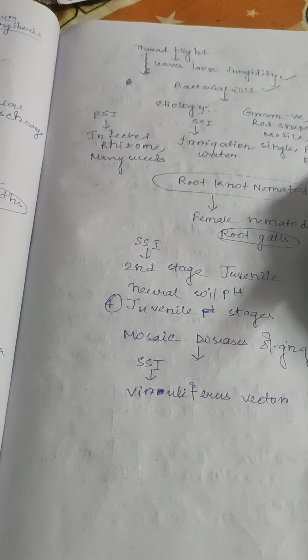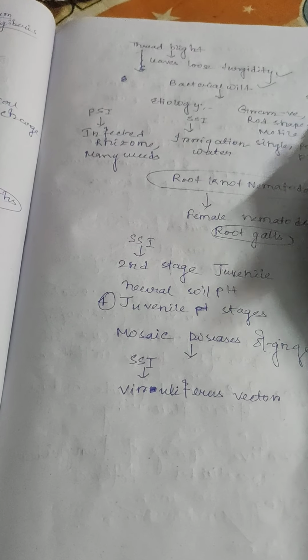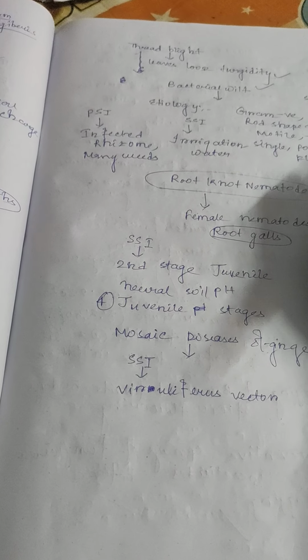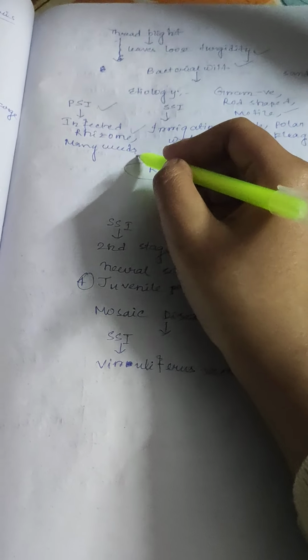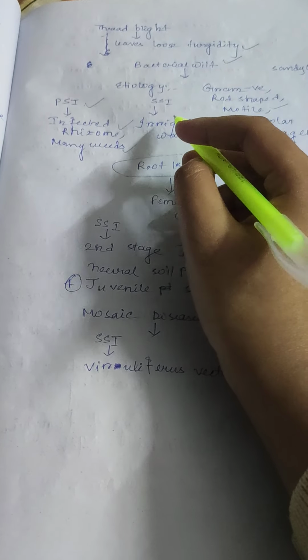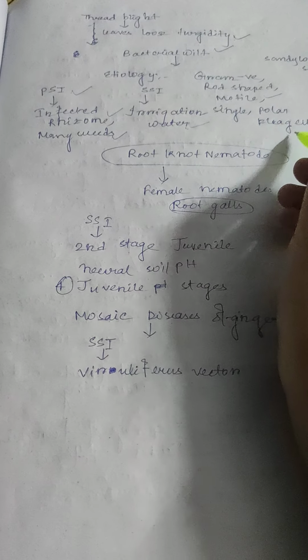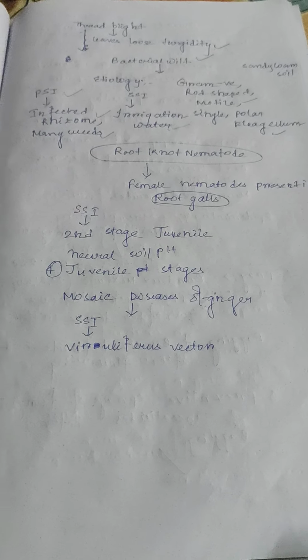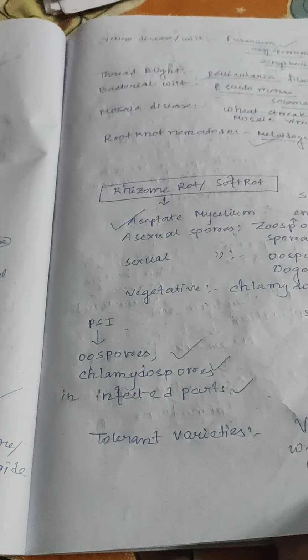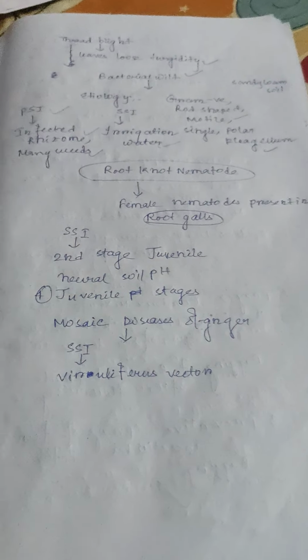Bacterial wilt in ginger is caused by Ralstonia solanacearum or Pseudomonas solanacearum.